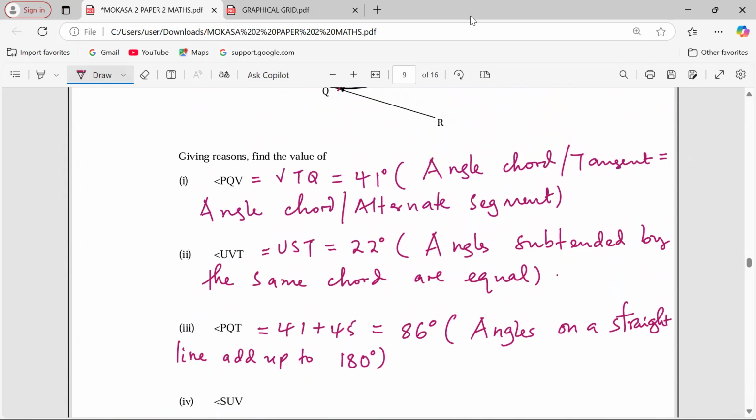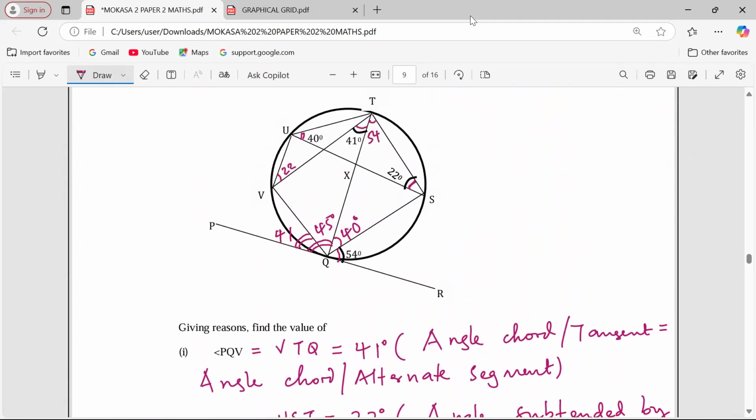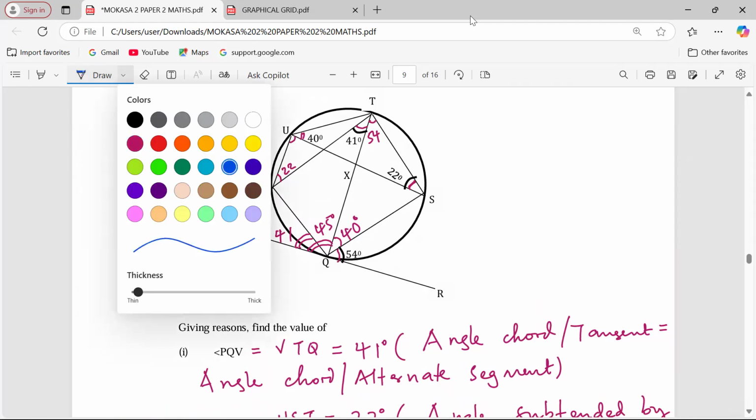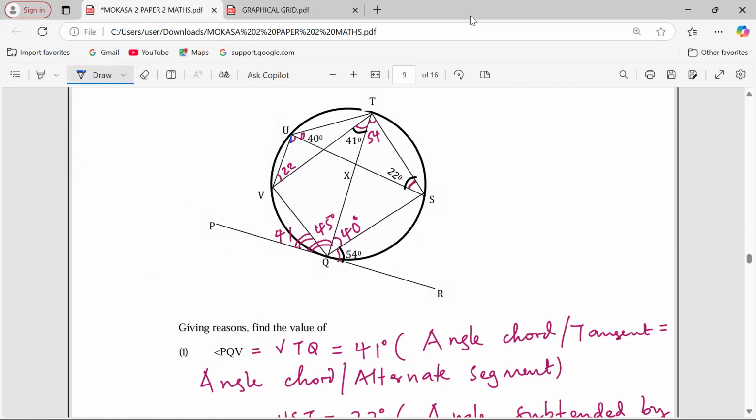SUV. The angle SUV. Let's look at that. SUV means this angle. SUV means the angle at this point.